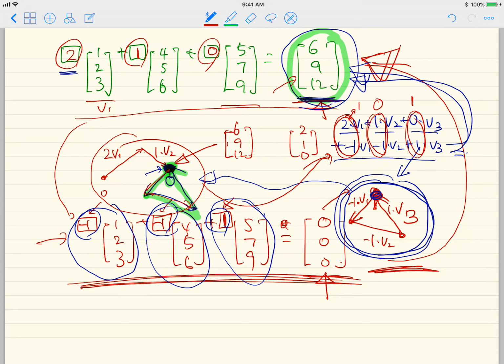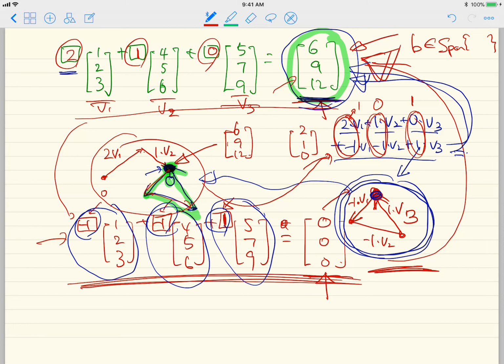But here, one necessary condition should also be considered. In order to have infinitely many solutions, we at least have to verify that this vector B should belong to the span of our three vectors, in this case V1, V2, and V3.